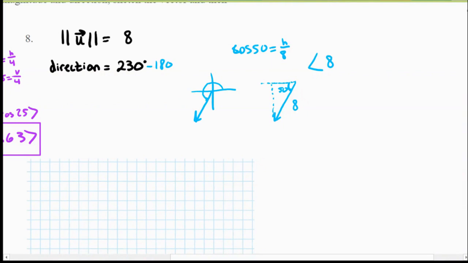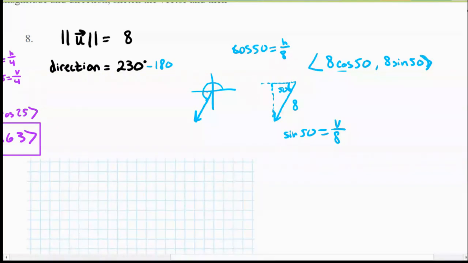So in this one, horizontal is going to be 8 cosine of 50. So it's cosine this time and not sine like the last one. Then for the vertical component, I'm using sine because it's opposite of the angle. So sine of 50 equals my vertical component over the hypotenuse. I multiply both sides by 8, and I get 8 sine of 50.